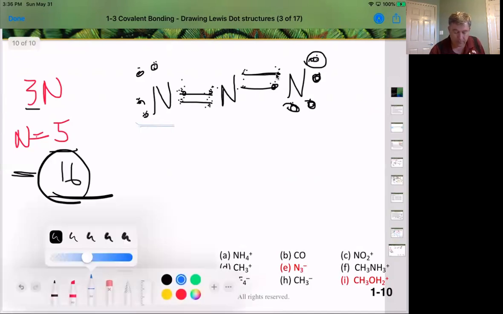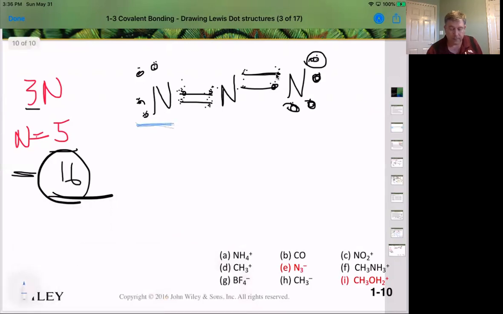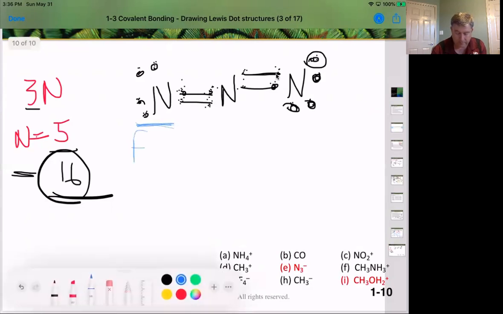Actually, let's calculate our formal charge for this nitrogen here.